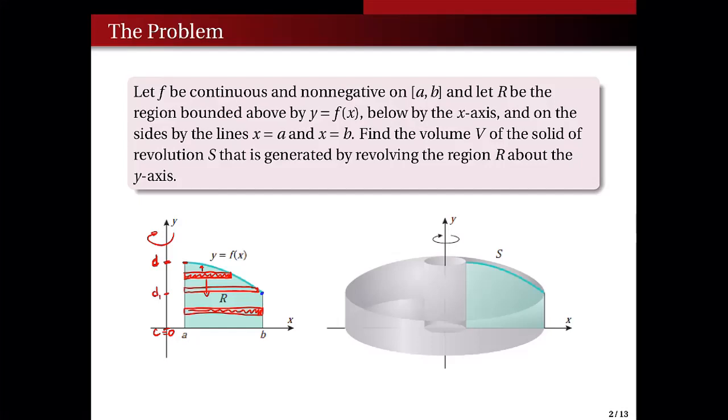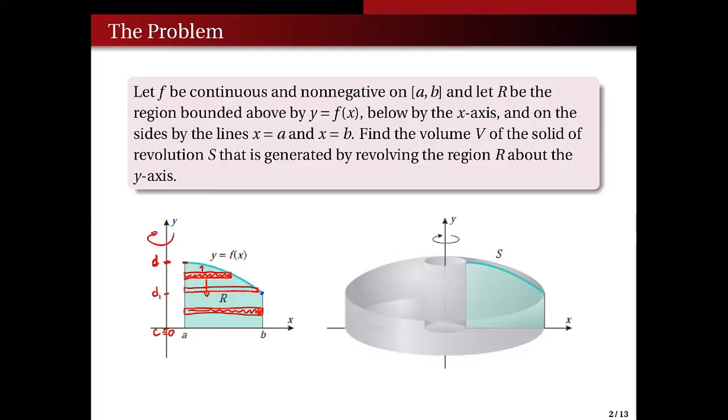Which means that if you are going to use the method of washers in this scenario, given this setup here, then you will do a lot of work. You will have to find this point of intersection here. It's only f of b. Anyway, that's easy.